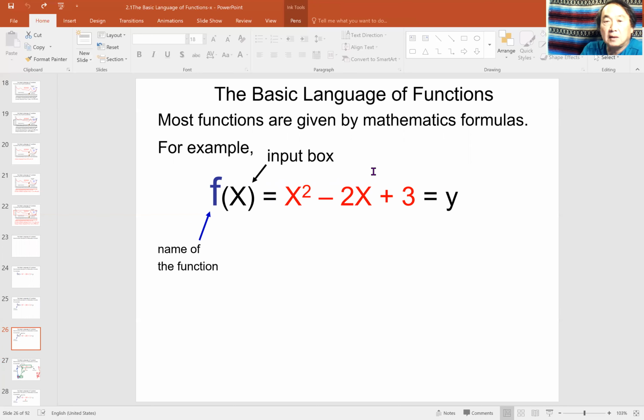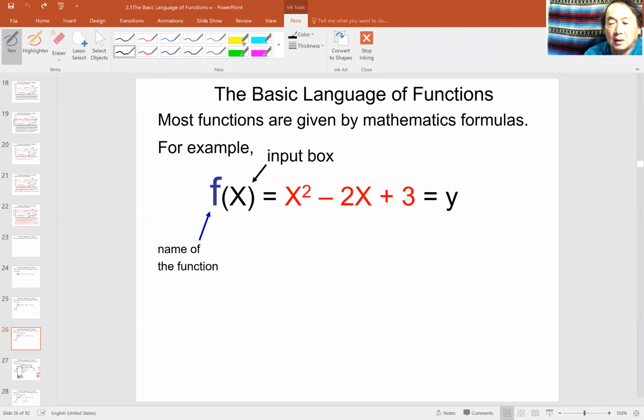That's a name, followed by an input box. This is not multiplication, very important. This is a box to hold inputs. Then it is followed by what exactly the function does as a mathematical formula, that's what f does to the x. And finally you have the output.